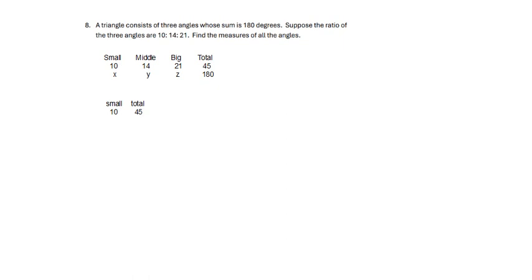Small, we don't know the angle, but the total is 180. So from here, let's cross multiply. 10 times 180 and 45 times x. So doing that, 10 times 180 equals 45 times x. Well, 10 times 180 is 1800.